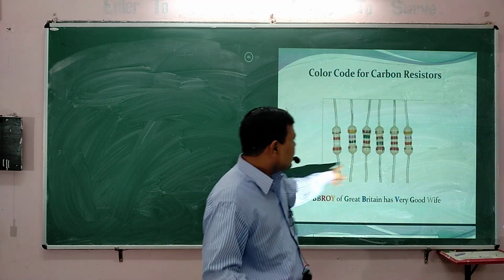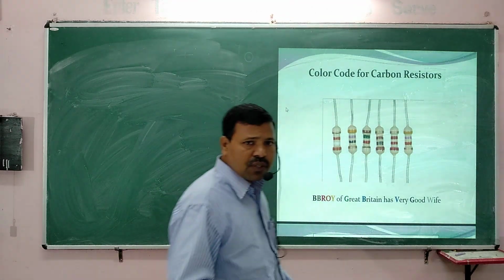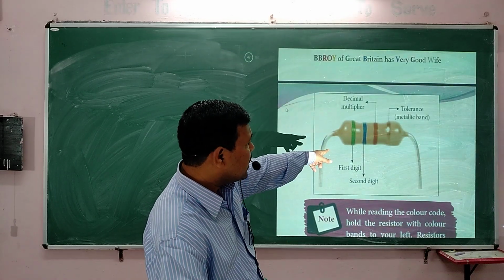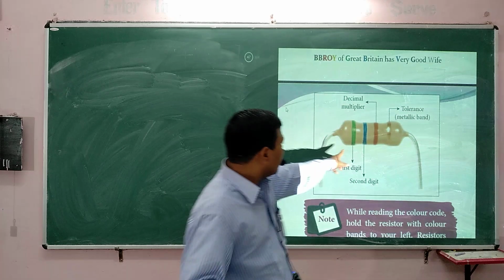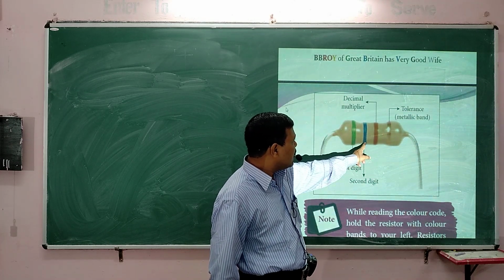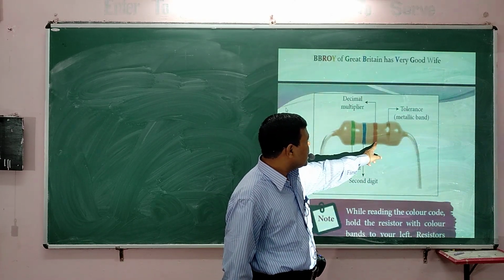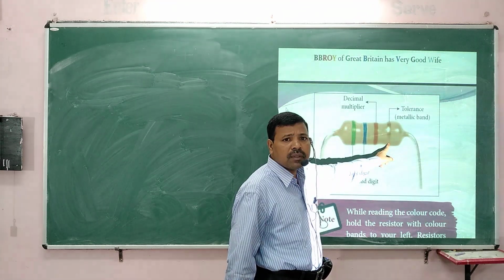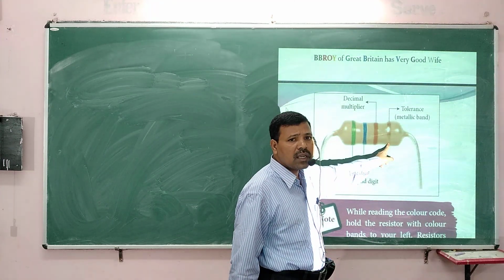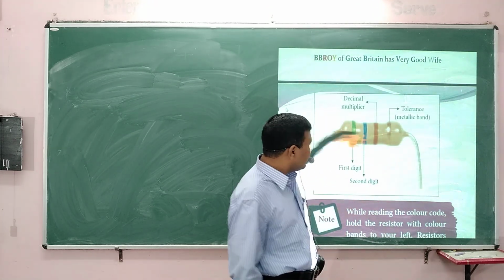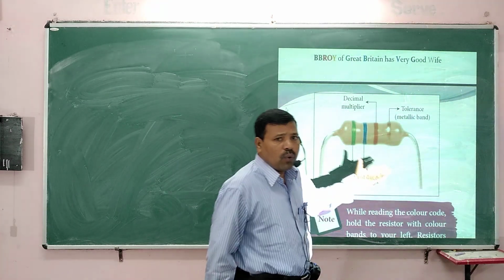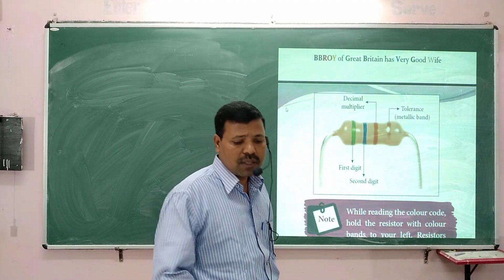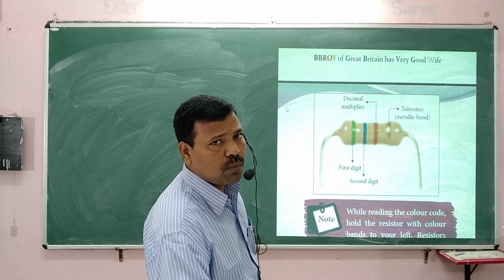These are all carbon resistors arranged in parallel. Here is a carbon resistor with green color, blue color, some brown color, and here some silver color or gold color or no color. Depending upon their colors, we will find out the resistance of this carbon resistor using the color code method.